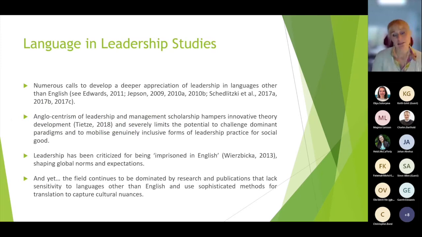As some of you may know, I've been working for over 10 years to bring language as important in research on the agenda of researchers of leadership, and to make our understanding of leadership more inclusive by empowering different languages.